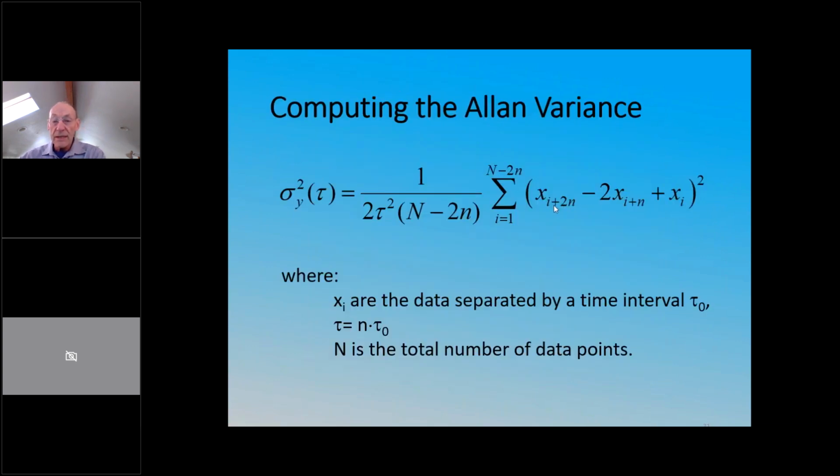And it turns out to be x3 minus 2x2 plus x1, the second difference. You square that, sum it over the data set, and divide by the number of points as well as by the tau value, everything squared, and you take 1/2.